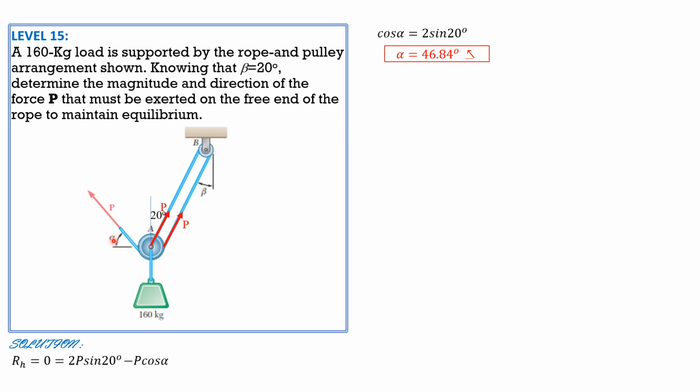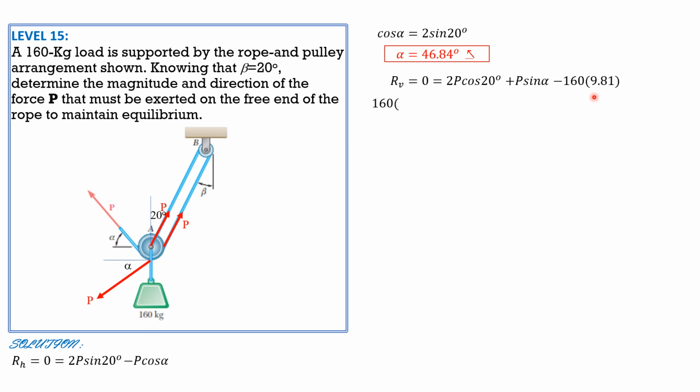So using this alpha and this possibility here, let's solve for P. So from the figure, R vertical equals 0. So R vertical equals 0 equals 2P cosine of 20 degrees plus P sine of alpha, then minus 160 times 9.81 to convert it to newtons.